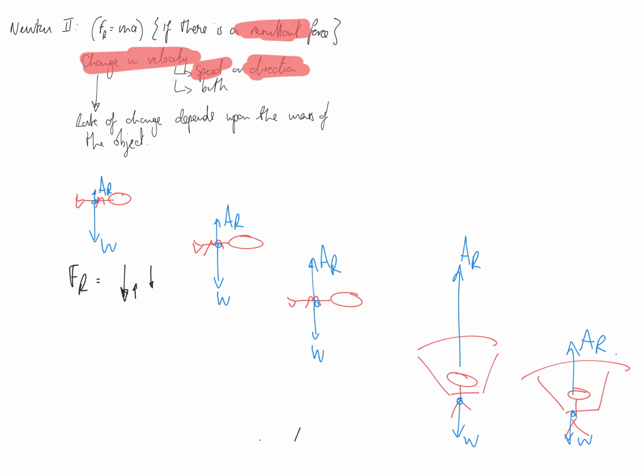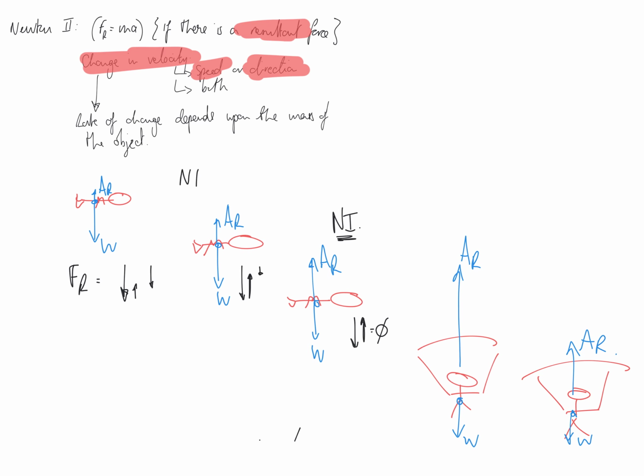In the second one, we have a large downward force again, an increasing upward force, so our resultant force is much smaller. And in the last one, of course, you take them away, leaving us with 0. So suddenly we've got a Newton 1 in this instance.